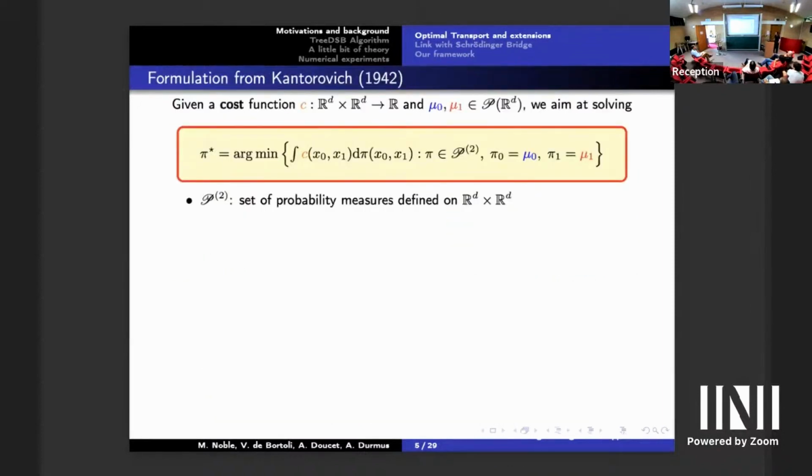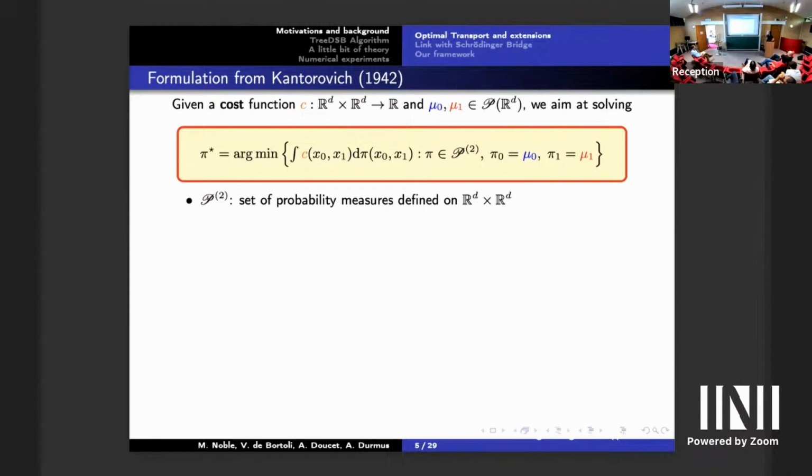This is a formulation from Kantorovich. You have a cost function. The idea is that you have two distributions, which I call mu naught and mu1. And what you want to do is compare these distributions. And so the idea of Kantorovich is to find a plan, basically.